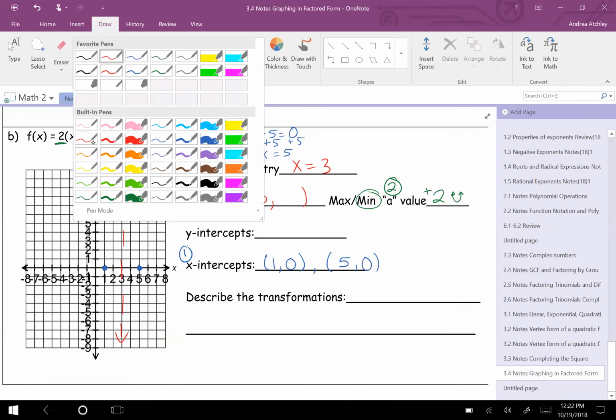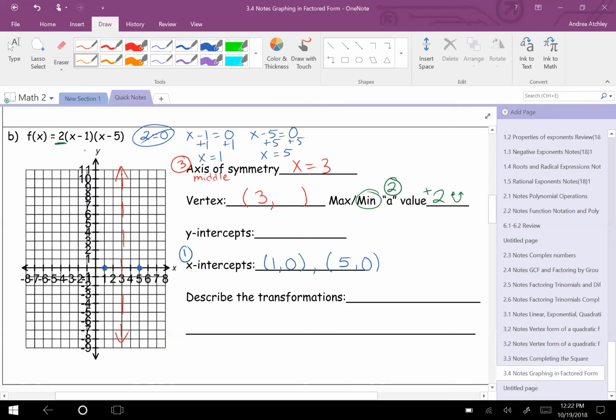Okay. To find my vertex, I need to work backwards. I am 2 away. So my pattern is a over 1, then 3a over 1, then 5a over 1. Since my a value is 2, I'm going to plug that in.